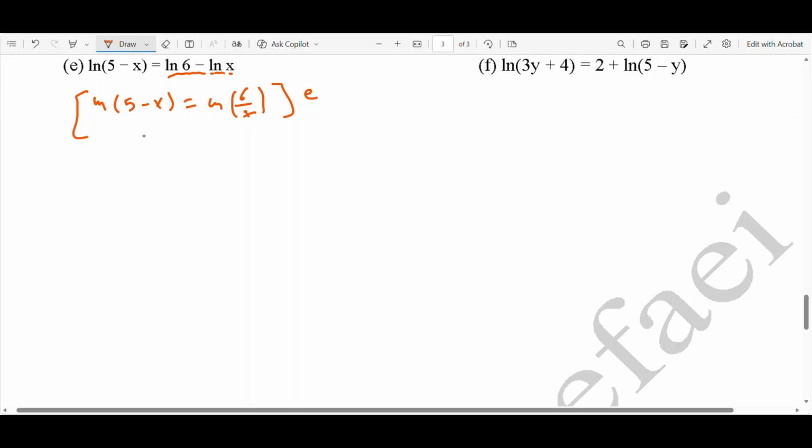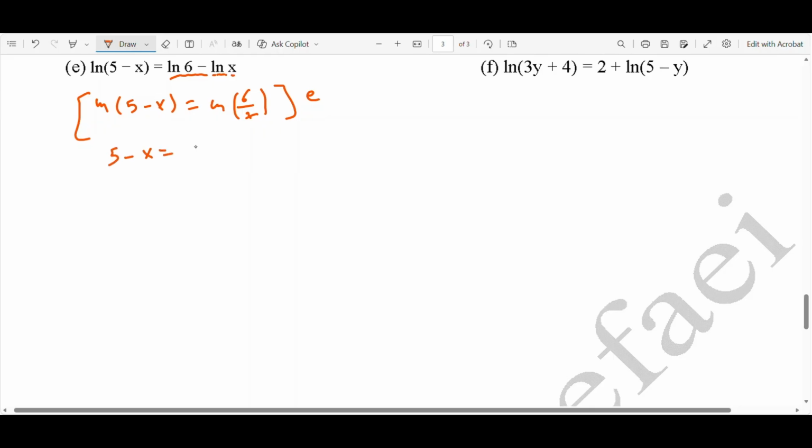I'm lucky that both sides have ln. So 5 - x = 6/x. Cross multiplication: 5x - x² = 6. Move all the terms to the right side because I don't like x² to be negative.